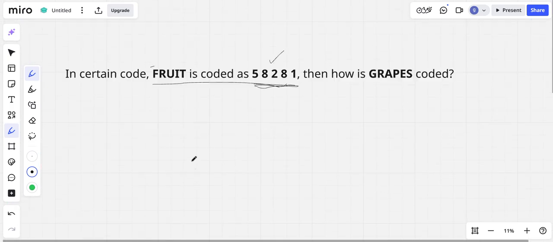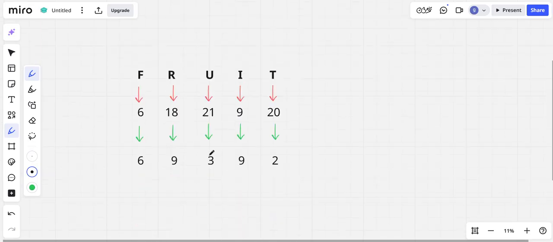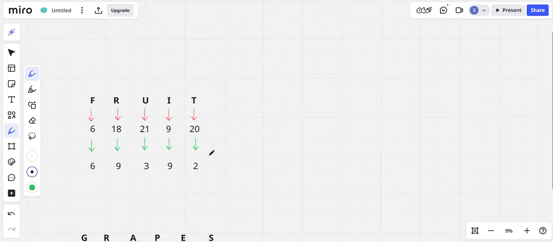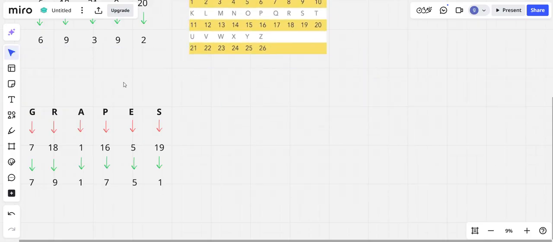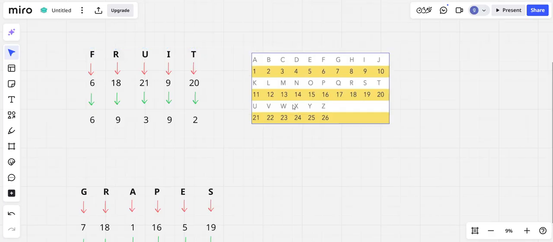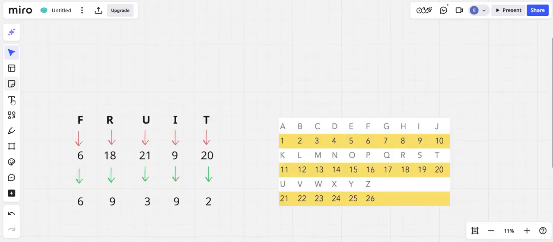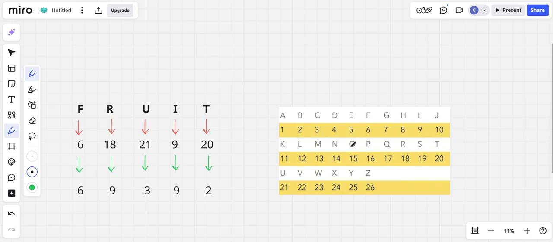Alright, let's decode this word first. We have FRUIT here. Write down the word first. Our first step would be comparing it to this sequence of numbers with the letters and then jotting them down.